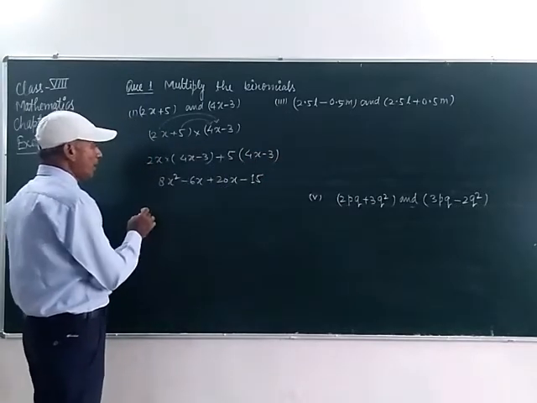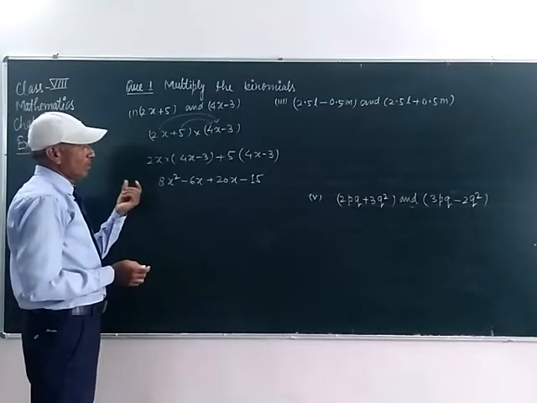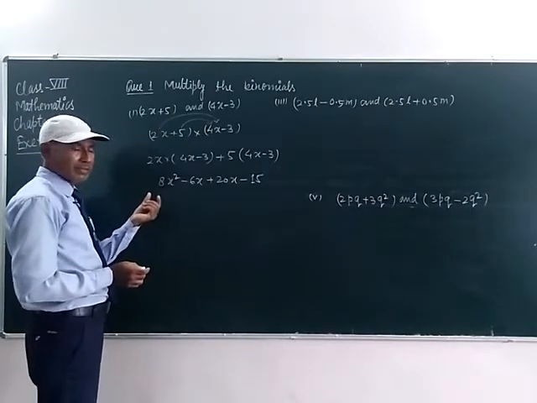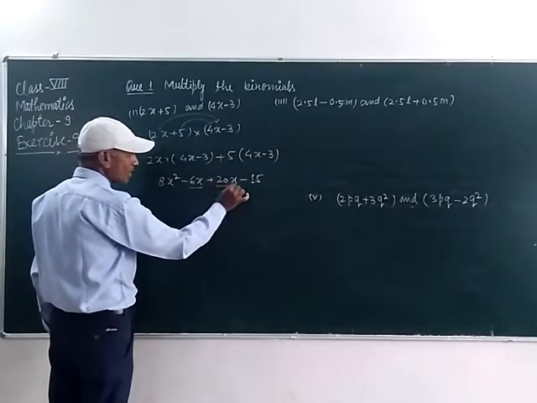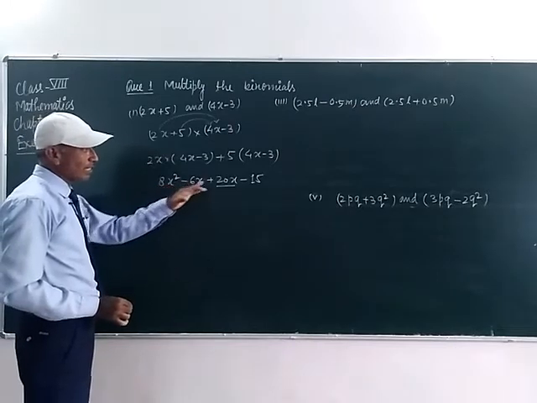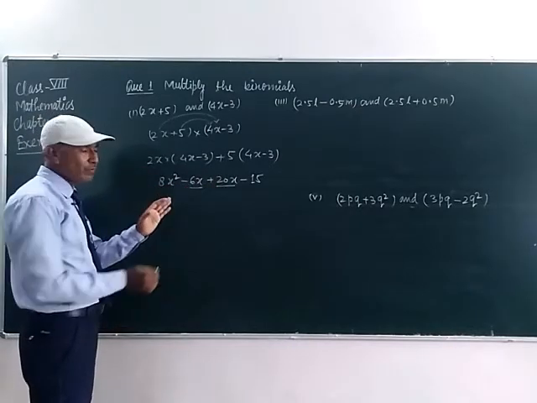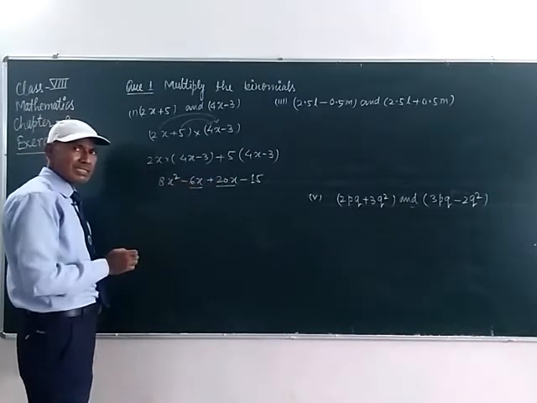So now in the next step we have to add or subtract the like terms. In this, 6x and this one 20x are the like terms. This one is negative and this one is positive, so we have to subtract. From 20x we have to subtract this 6x.